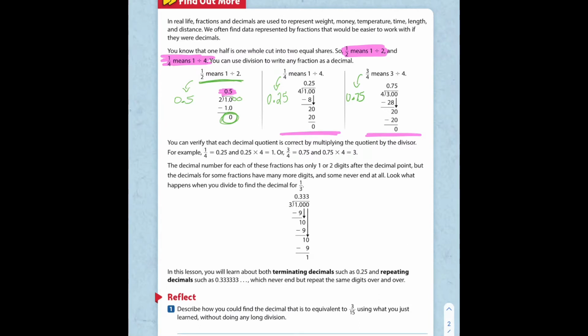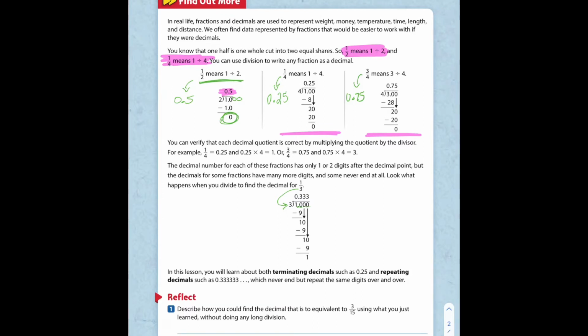Look at what happens when you divide to find the decimal for 1/3. So remember, when we're dividing that, the 3, the denominator, came on the outside, and the numerator on the inside. And you can see for this one, they've added a decimal with 3 zeros.